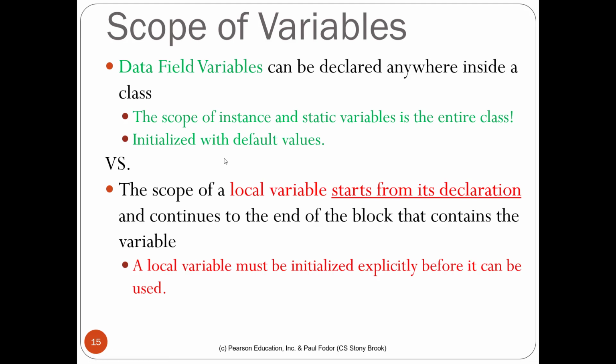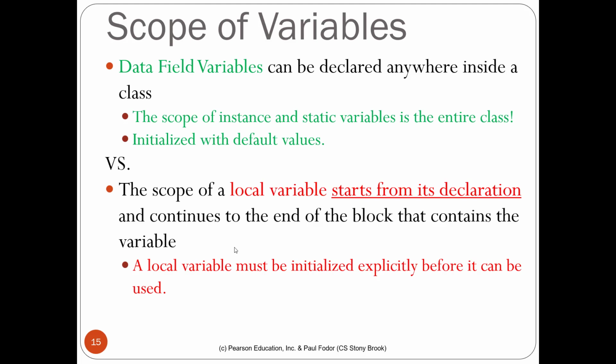So these are a few things we have to learn about data field variables, like how they are different from local variables. The local variable is confined to the code block where we are declaring it. The scope of a local variable starts from its declaration and continues till the end of the block that contains the variable. It's very interesting in the case of a for loop, when you write for int i is equal to 0, i is less than 10, i plus plus.